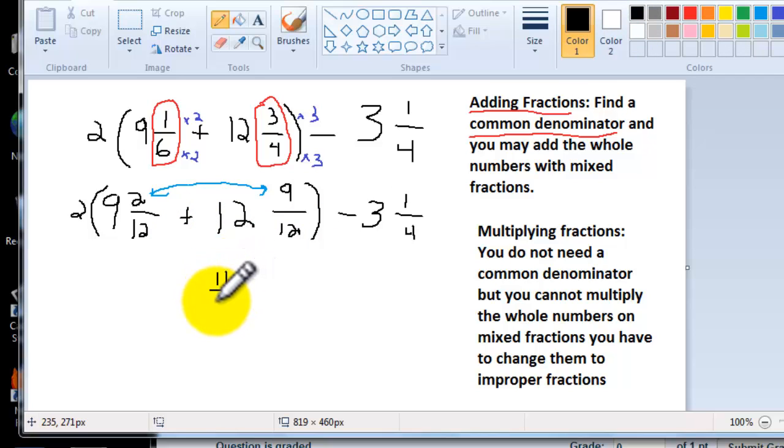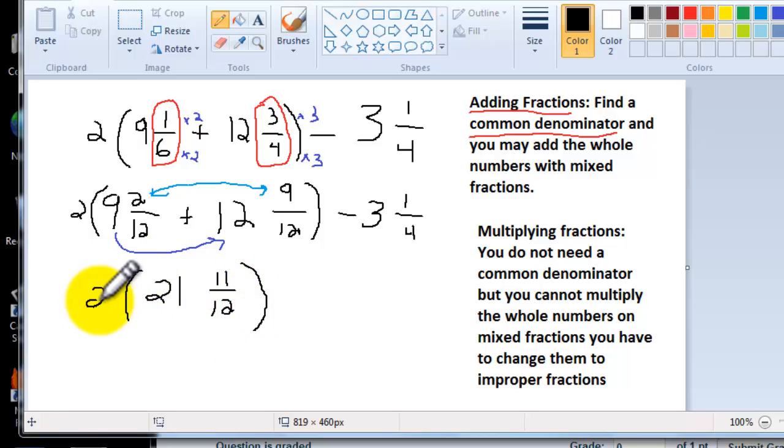And because adding mixed fractions is nice and friendly, we can add our whole numbers now. So 12 plus 9 is 21. So inside the parentheses, we've now condensed these fractions to 21 and 11/12. We have a 2 over here. We still have minus 3 1/4.